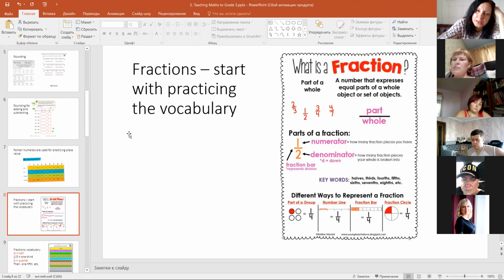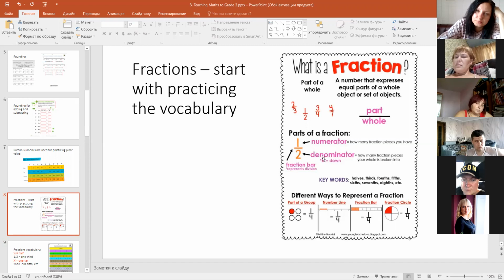If we talk about a fraction, it's good to introduce the vocabulary: a numerator and a denominator, a bar, like a fraction bar. And we can also talk about a part and a whole.